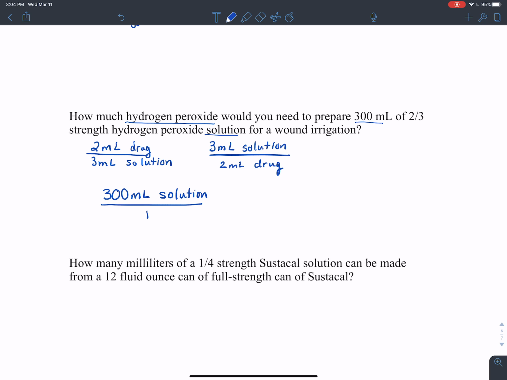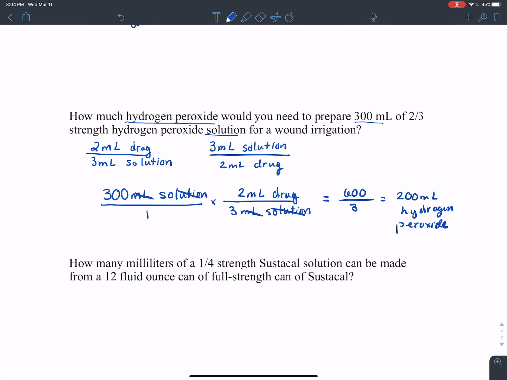I know I want my dimensional analysis to cancel out the milliliters of solution, so I want to pick the strength that has 3 milliliters solution in the denominator and 2 milliliters drug in the numerator. When I do that, the milliliters solution cancel out. When I multiply straight across, I have 600 over 3, or 200 milliliters of the drug, so of the hydrogen peroxide.